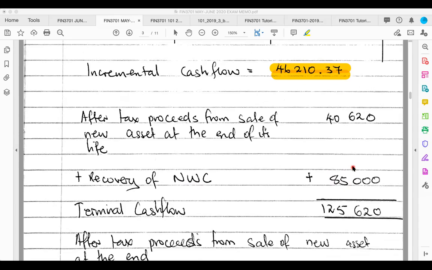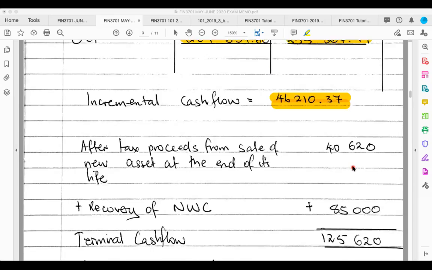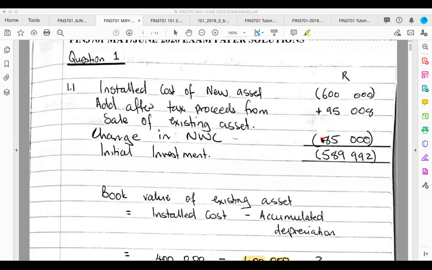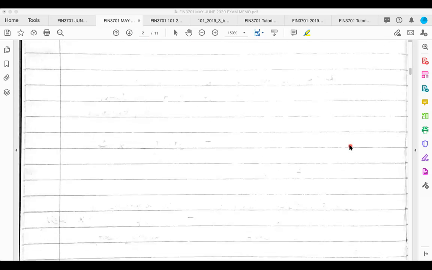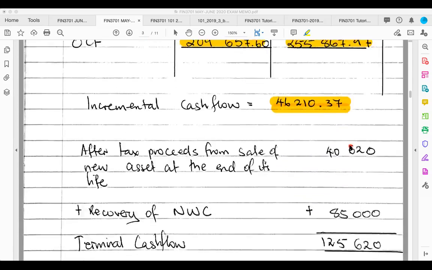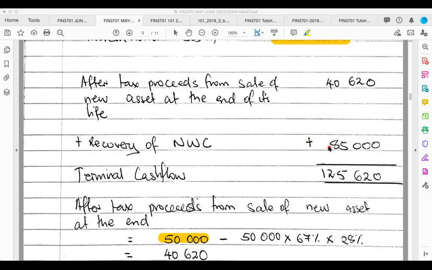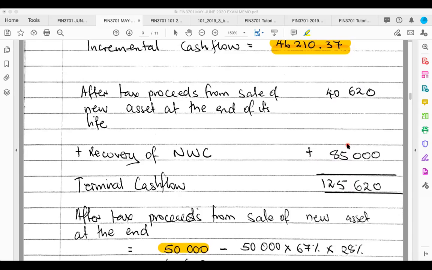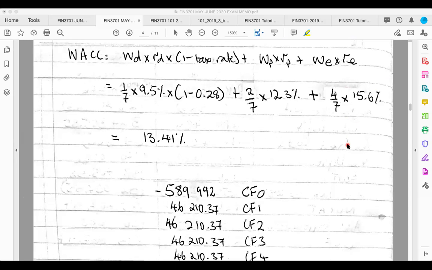If the change is negative, it means money came in, right? That's when we're calculating the initial investment. And then after doing our calculation for the initial investment, depending on whether cash came in or came out, when we are now doing the terminal cash flow, we just need to make an opposite adjustment. Either we're recovering our net working capital if money went out initially, or we are using money if we had a saving initially, okay, right.